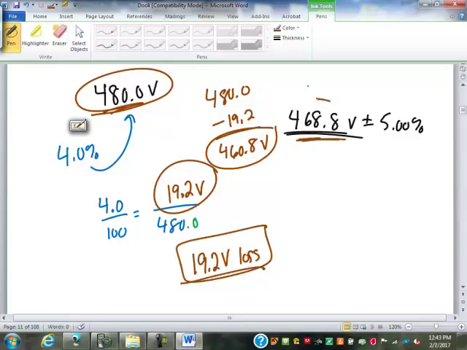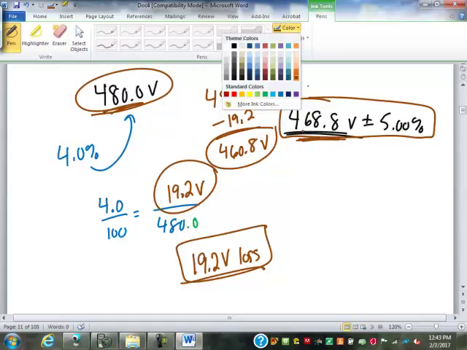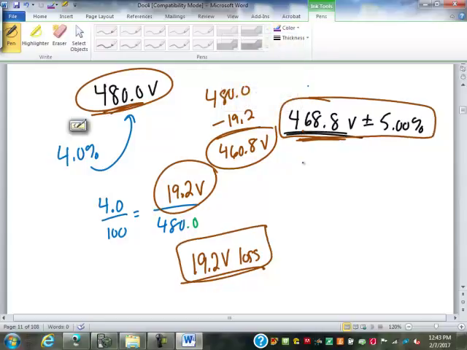Now we got, this is what's measured, is what our source is actually putting out. So we're going to look at this to find the actual range of what the actual output is. So 5% of 468.8, cross multiply and divide on that one, you're going to get what?